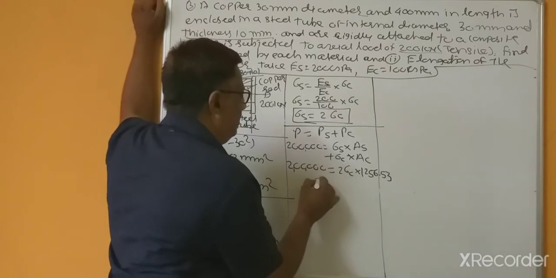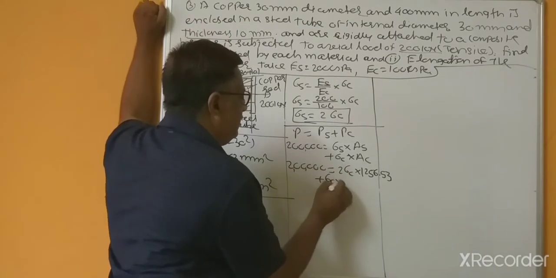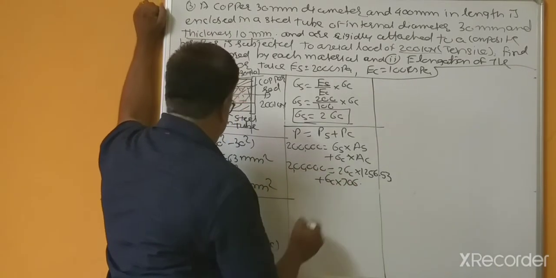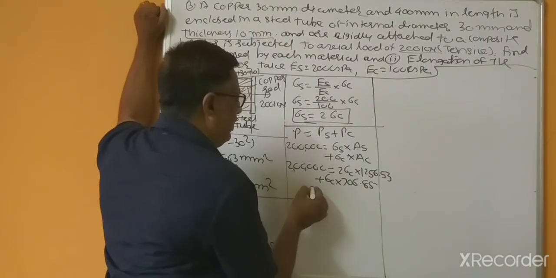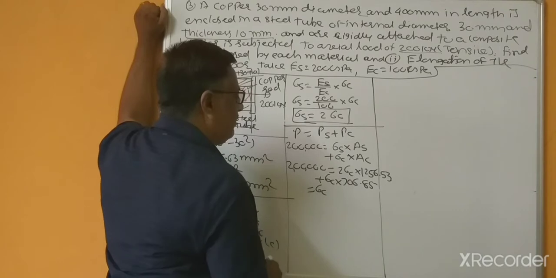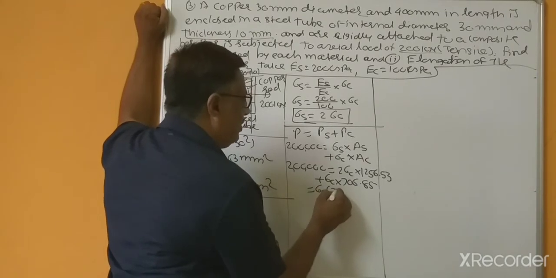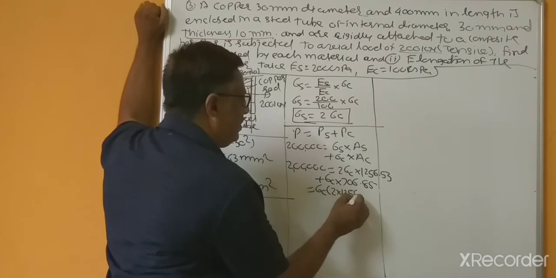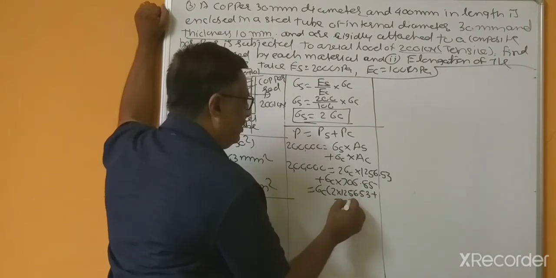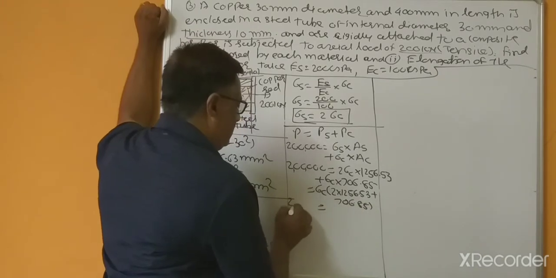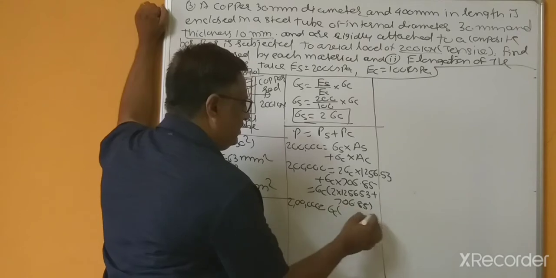For the copper tube, sigma C into 706.85. Now take sigma C common in the bracket: 2 into 1256.63 plus 706.85. This is 2 lakhs equal to sigma C into the bracket.